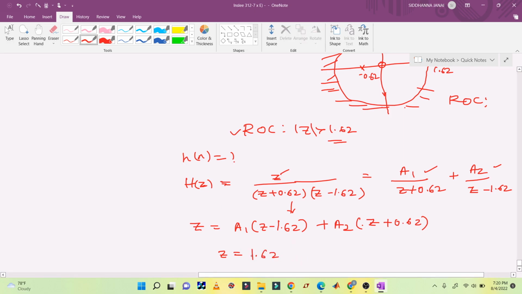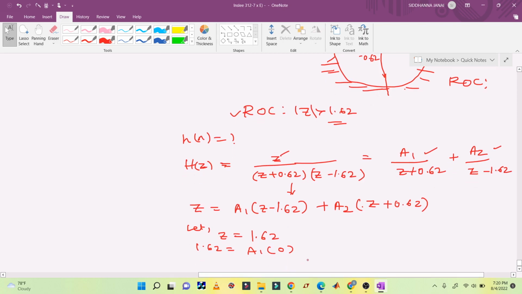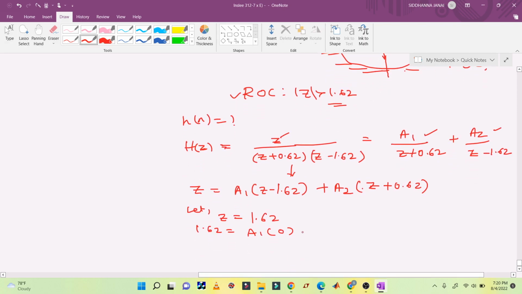So if we substitute Z is equal to 1.62, what will we get? 1.62 is equal to A1 into 0, correct? 1.62 minus 1.62 is 0, plus A2 into 1.62 plus 0.62, correct?